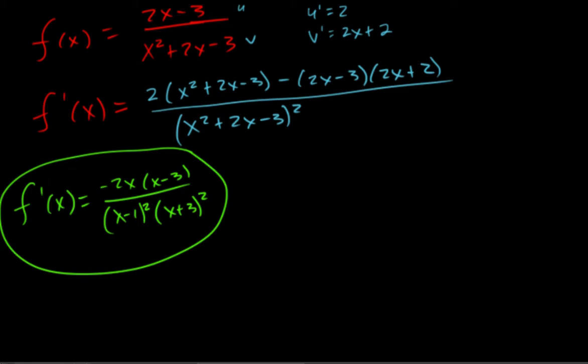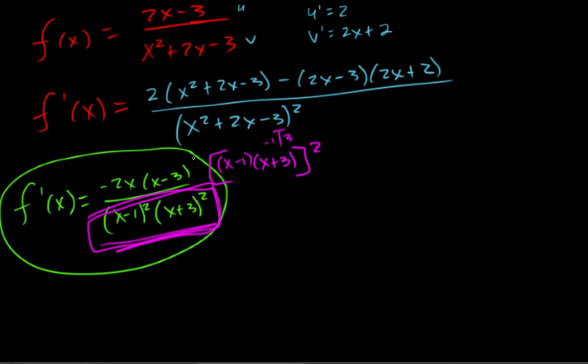And so, for the bottom, we can just factor 1 and 3. We'll make the 3 positive and the 1 negative. And so that's going to be x minus 1 times x plus 3 quantity squared, and then we can distribute the squared to both. So we've shown that the bottom is the same.